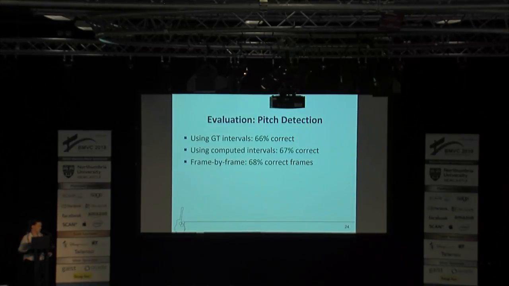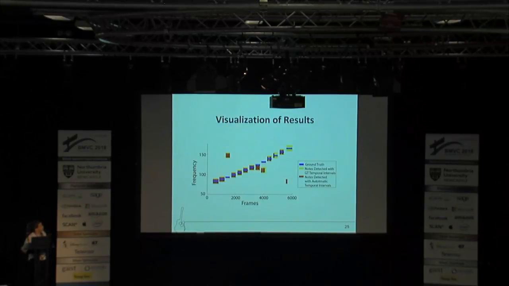For the pitch detection part, we were able to achieve about 67% correct. We used both the computed temporal intervals from our method, and also we fed the ground truth temporal intervals and checked our pitch detection part by itself. As you can see here, this is a visualization of the results.